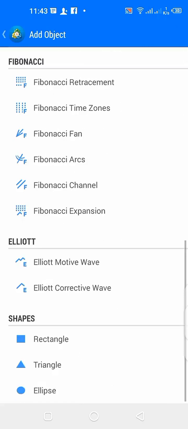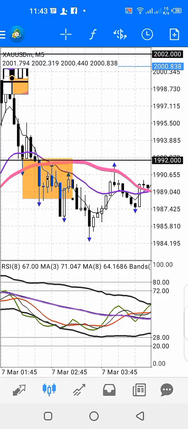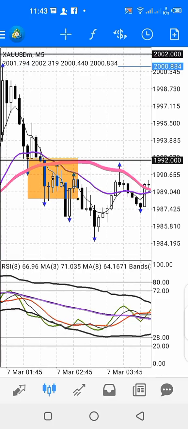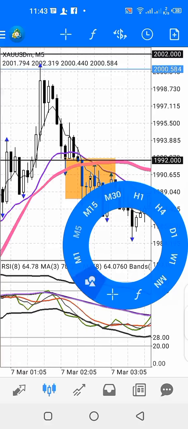Then vice versa for when to sell. On the main window, the black and the purple moving averages must cross down below the pink Bollinger Bands.